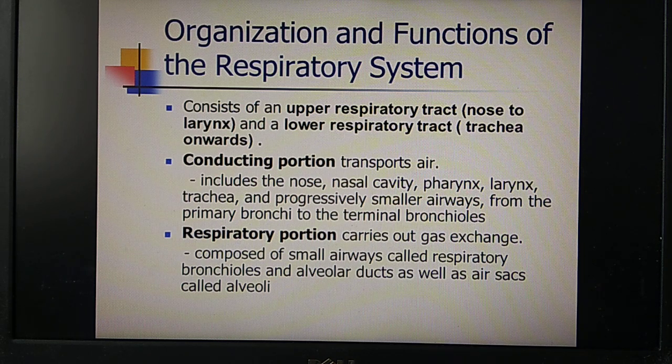See, the respiratory system consists of two important tracts, commonly called the respiratory tract, that includes the upper respiratory tract as well as the lower respiratory tract. The upper respiratory tract includes the nose as well as the larynx, and the lower respiratory tract continues with the trachea.